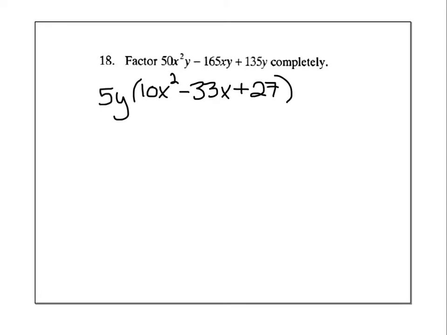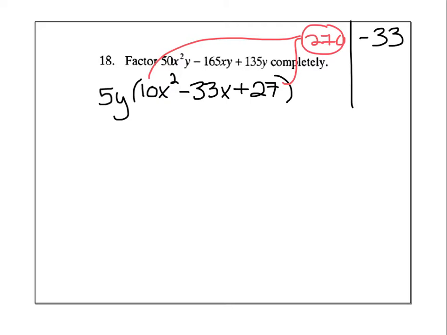So now, since we have a trinomial, we're looking for our Santa hat. So 10 times 27 is 270. So we're looking for factors of 270 that will add up to negative 33. These factors are a little bit harder to find. So again, you would go 1 times 270, 2 times what is 270, 3 times what, and so on until you find a pair.